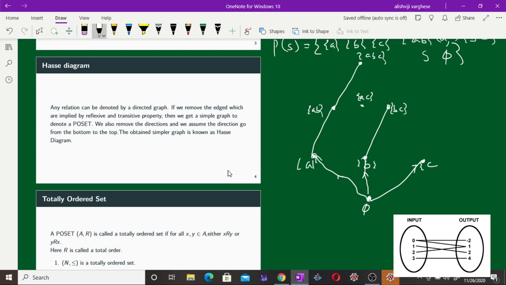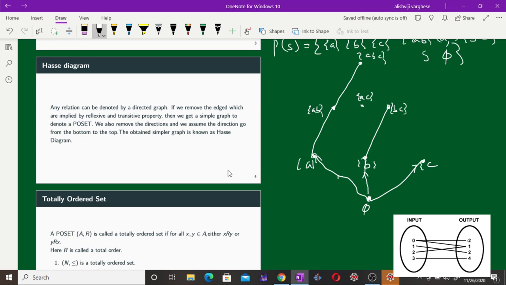So we ignore all the edges which are implied by the transitive property, and we also ignore the edges implied by the reflexive property, and therefore we don't draw the edges from phi to phi itself.